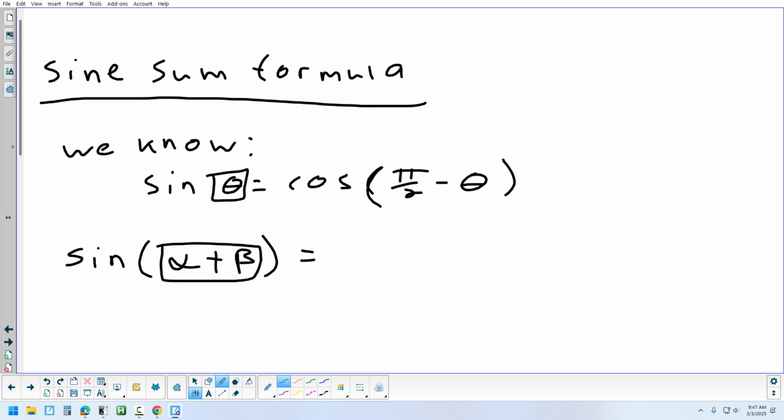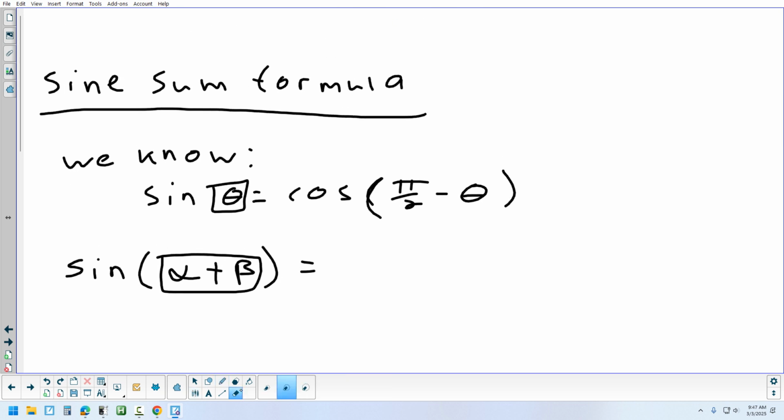Let me give you, you know what, I'm going to do it this way. All right, well, we can try this. So we know there's a connection between sine and cosine. If you remember, they are horizontal shifts of each other.